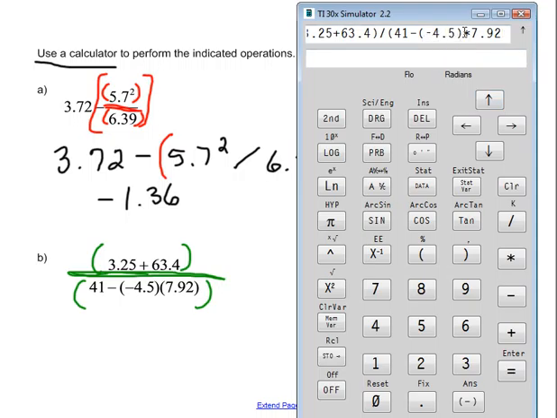We've got one set of inner parentheses here that have been opened and closed. This parenthesis here, though, hasn't been closed off yet, so we want to be sure that we close off that big denominator parenthesis. And when we do that and press enter, we should end up with our correct answer.